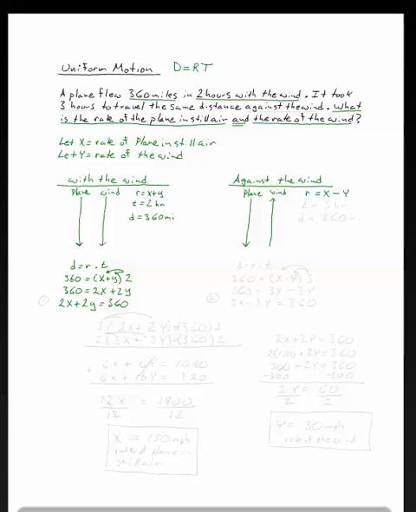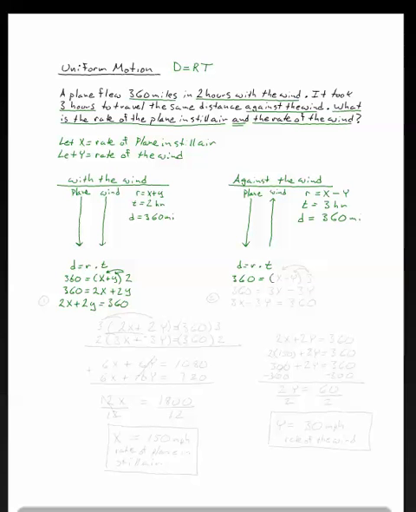Now the time says it took 3 hours to travel the same distance against the wind. So the time is 3 hours, but the distance is the same, 360 miles. So when we use our formula, distance equals rate times time, distance is still 360.